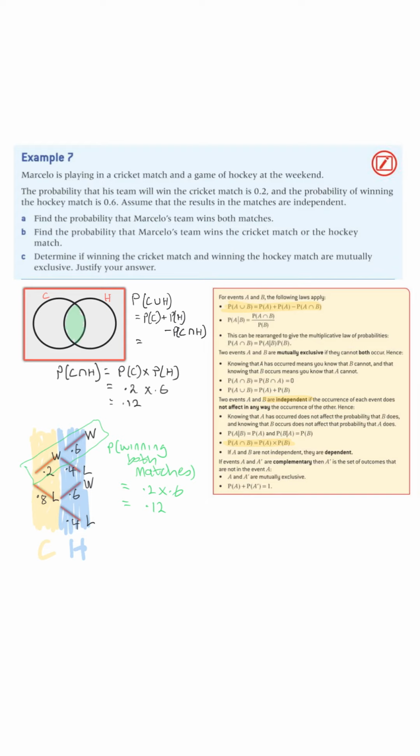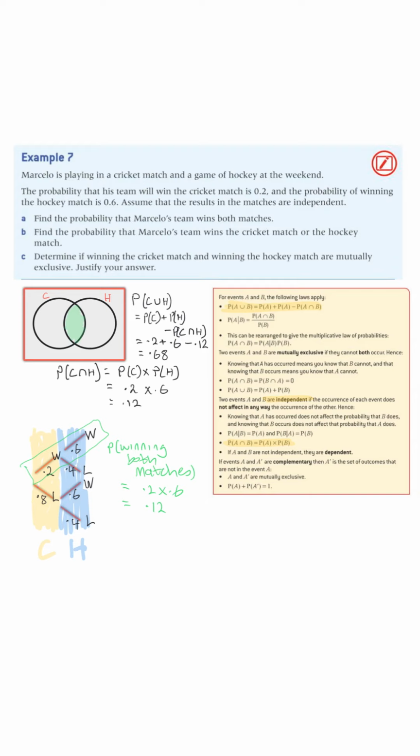Well, the probability of the cricket match winning is 0.2. The probability of the hockey match winning is 0.6. And as we saw, the intersection is 0.12, right, because we had that here, 0.12. So the probability of the union of the cricket and the hockey match is going to be 0.8 minus 0.12, and that's 0.68.